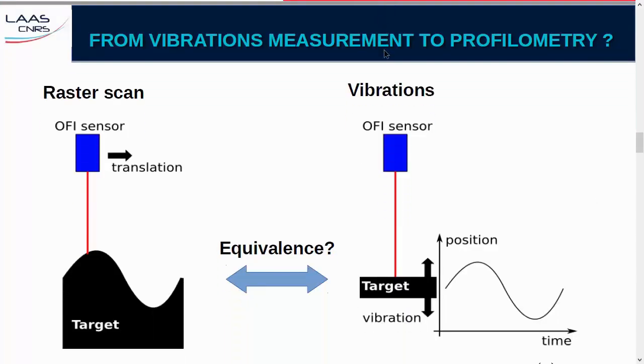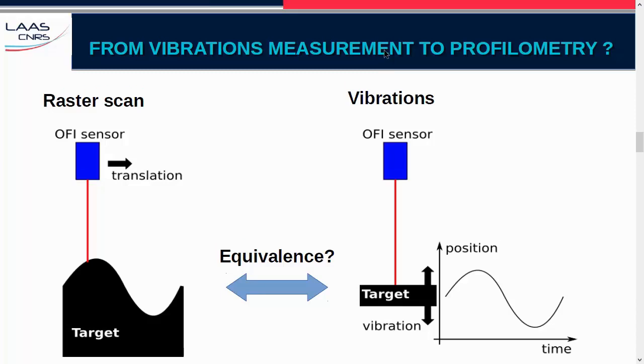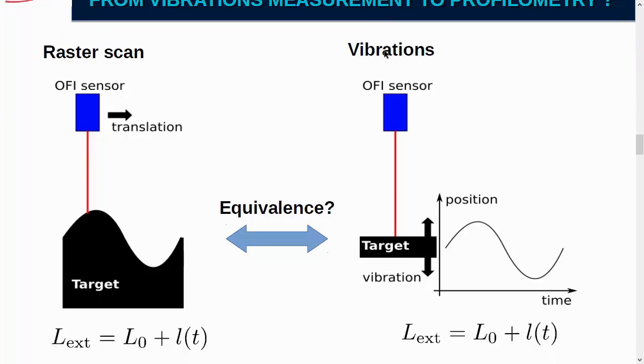So now, the idea that we had is about raster scan: why are we not using something that is as easy as the conventional optical feedback interferometry sensor, which means just the laser shooting on a target? If you consider a laser that is scanning a target with a structured surface, like on the left side of this figure, this could be equivalent to what you will observe with vibrations.